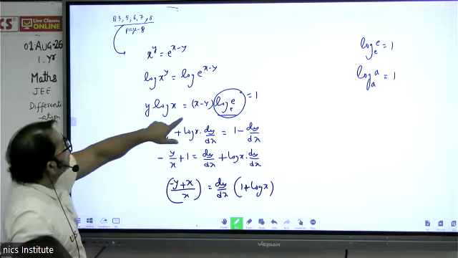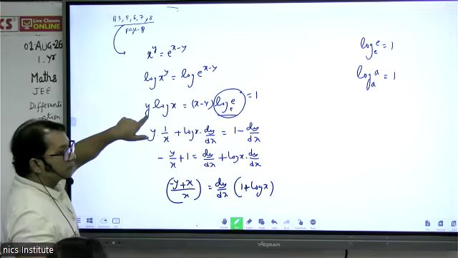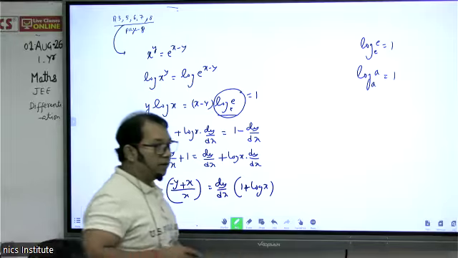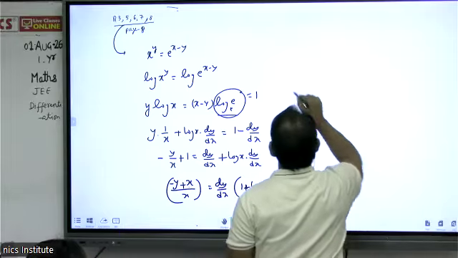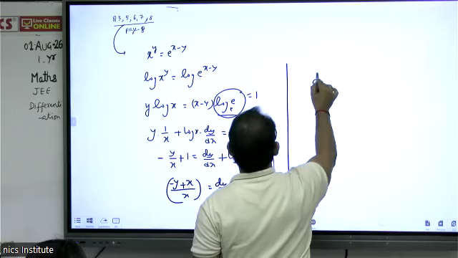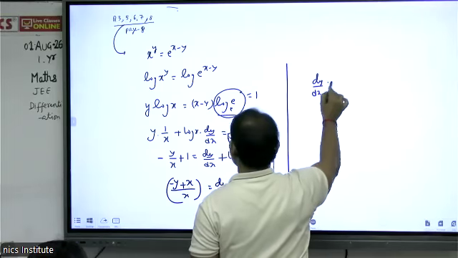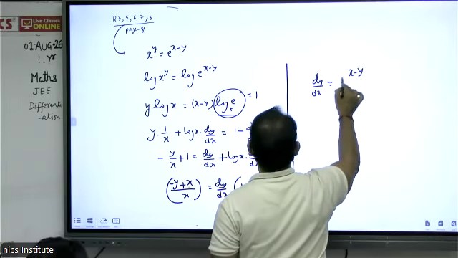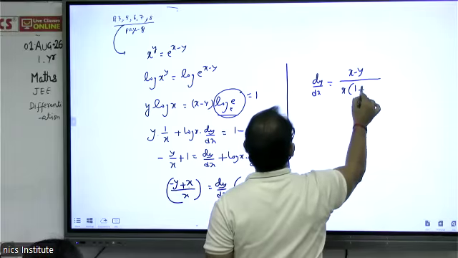Now, if you want, you can replace x minus y. X minus y is y log x. आंसर में x minus y नहीं आ रहा है. No. So dy by dx is x minus y over x into 1 plus log x.